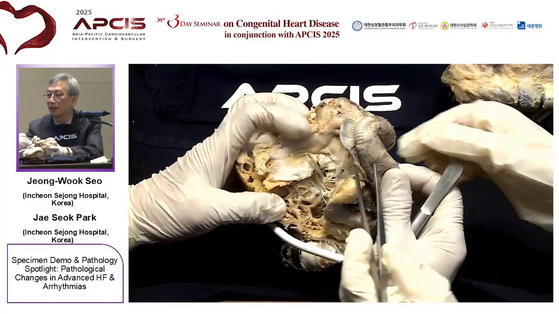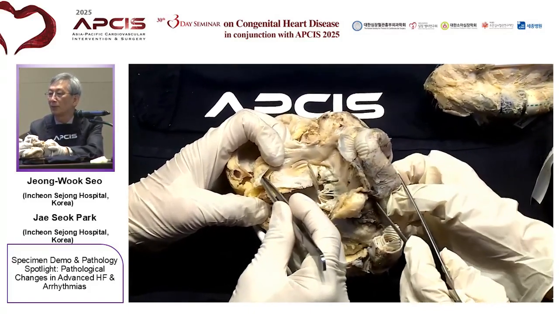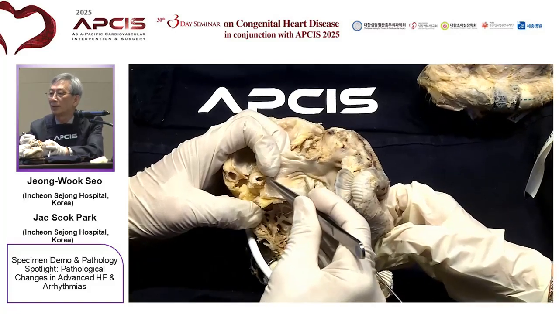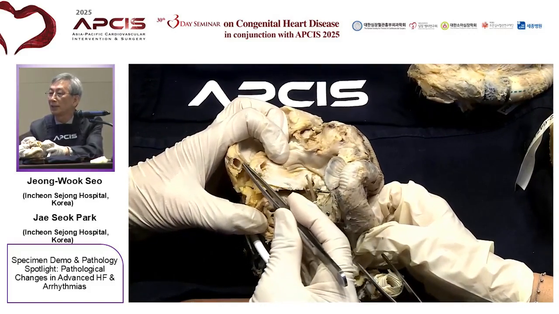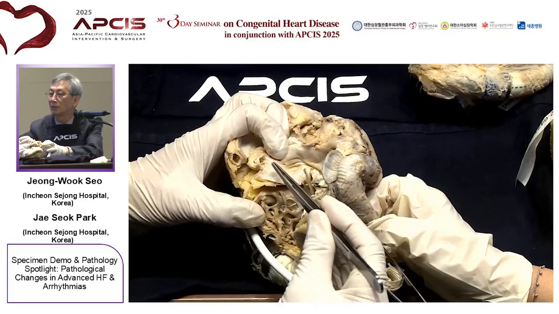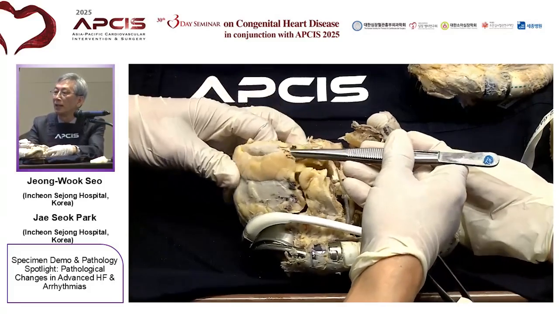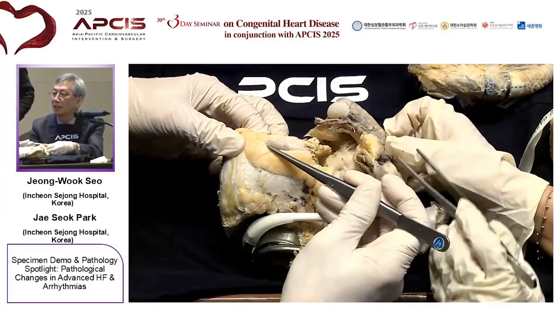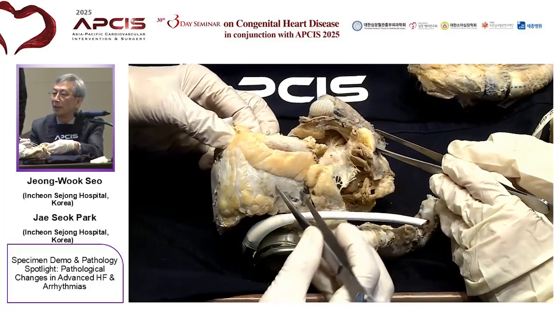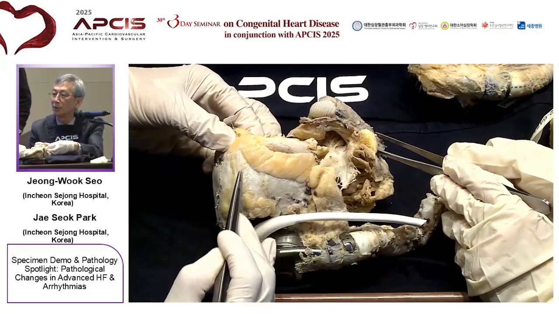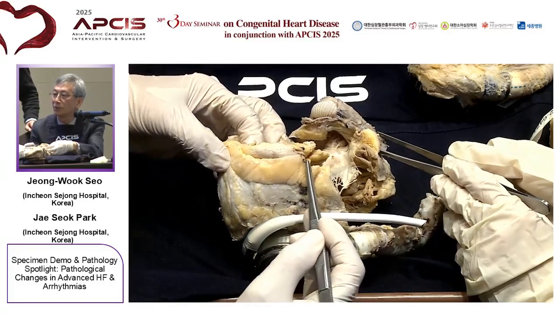So from the right atrium, we are looking at the tricuspid valve, and this is the orifice of the coronary sinus, which goes this way. So the coronary sinus is very good, and there is no problem approaching the coronary sinus. And then the CRT lead should go down to here, or down to somewhere. But as you can see, the major cardiac vein is here, so it is a little far from the origin of the coronary sinus.